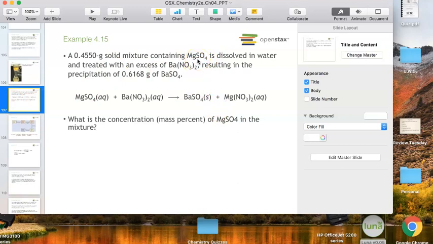Okay, we know the mass of barium sulfate that was produced. All right, so we can back calculate to figure out theoretical mass of magnesium sulfate that should have resulted because we knew the product of barium sulfate that we had. So we can back calculate to figure out how much magnesium sulfate we had in the reaction.